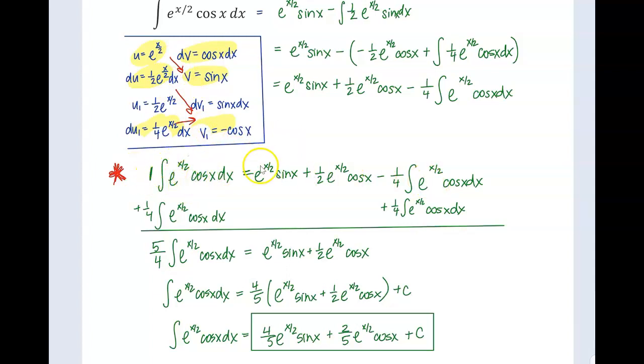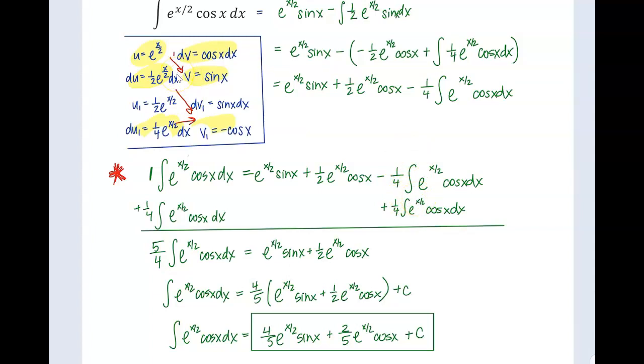The original integral was equal to e to the x over 2 times sine x, that's part of the answer, and then plus 1/2 e to the x over 2 cosine x, and then here we're going to have minus 1/4 e to the x over 2 cosine x dx, but that's an integral. It's not just part of the answer.